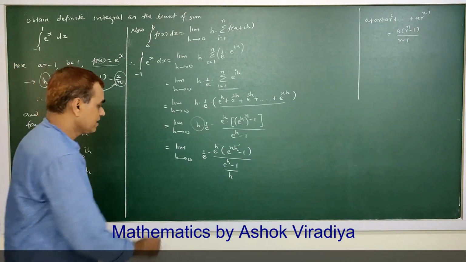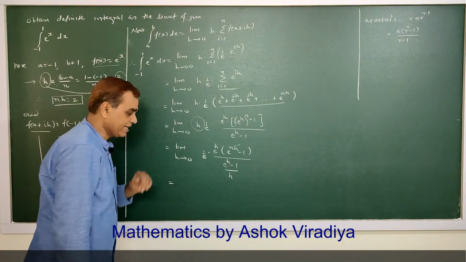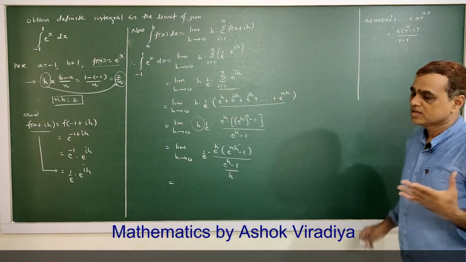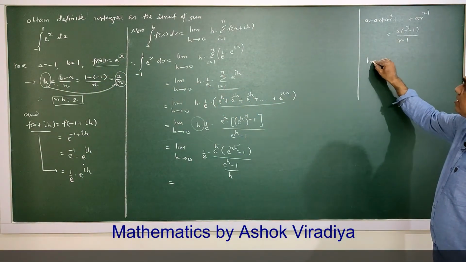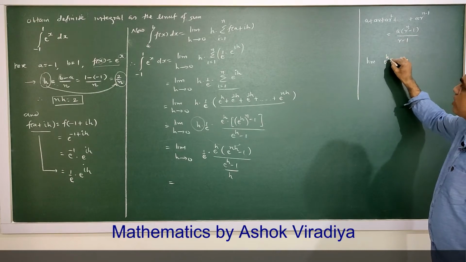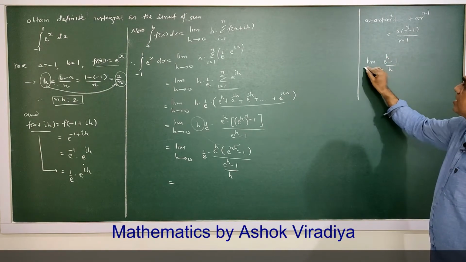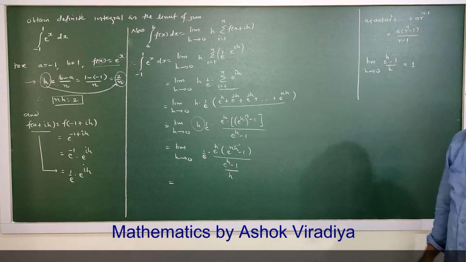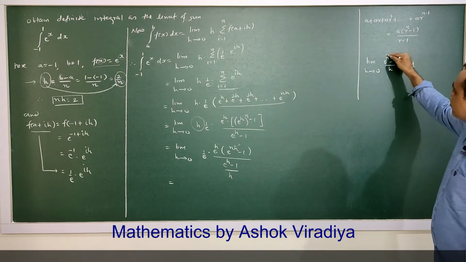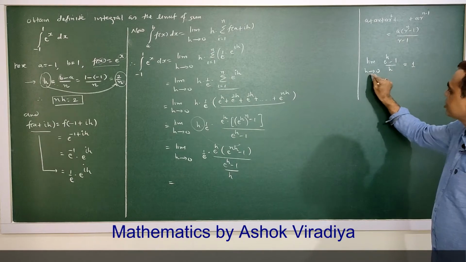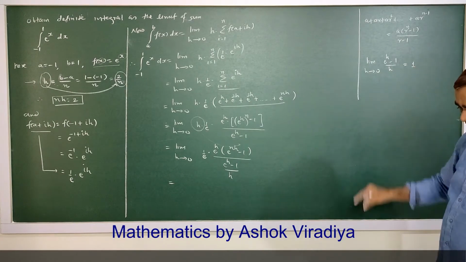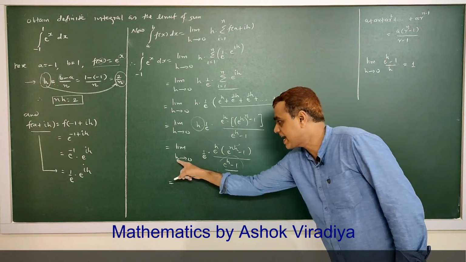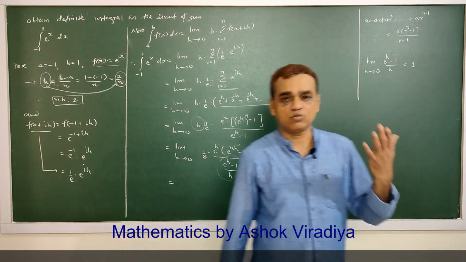Now applying the limit. In this type of question, we use one more result: the limit of (e raised to h minus 1) upon h as h tends to 0 is always 1. So the limit of this term is 1 because h tends to 0.